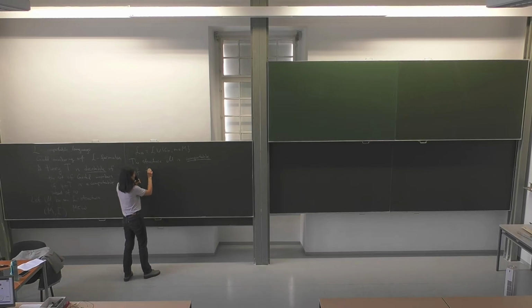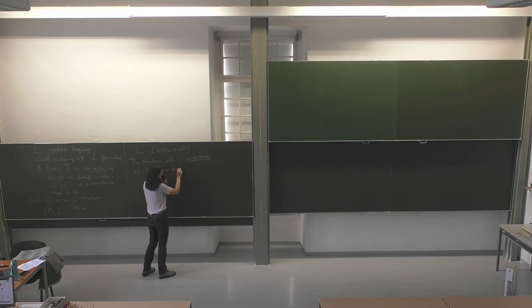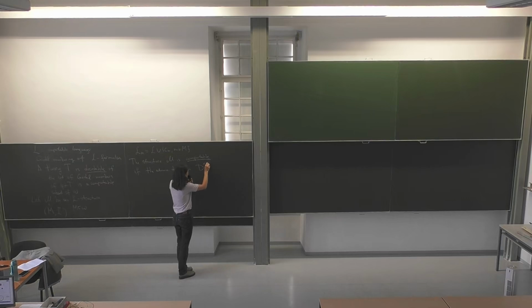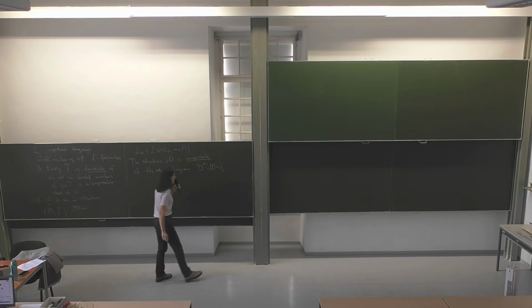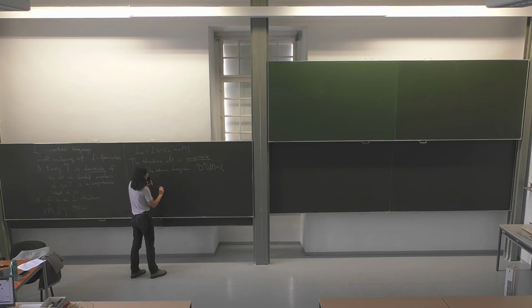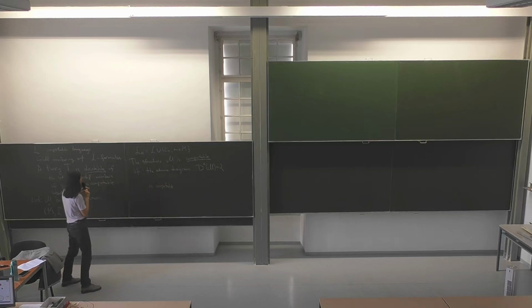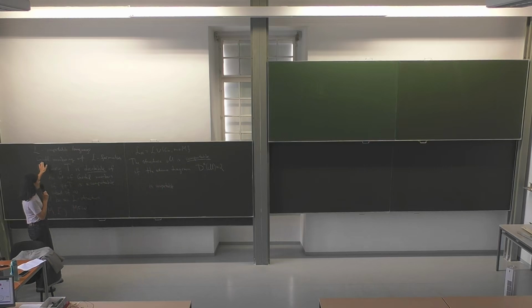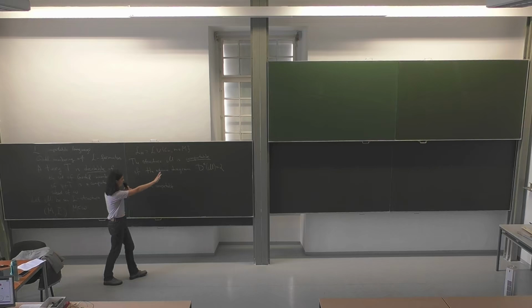If the atomic diagram, just dA of M, I will write in a second what it is, is computable, again, a computable subset of the natural numbers using a Gödel numbering of all the sentences in this language. I will write down in a second what it means.